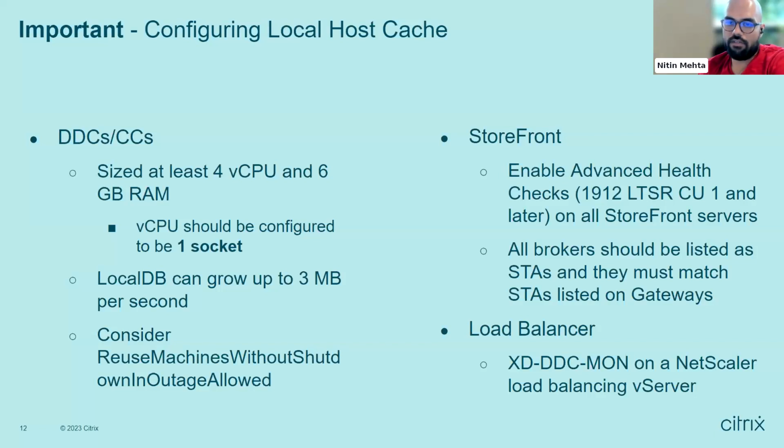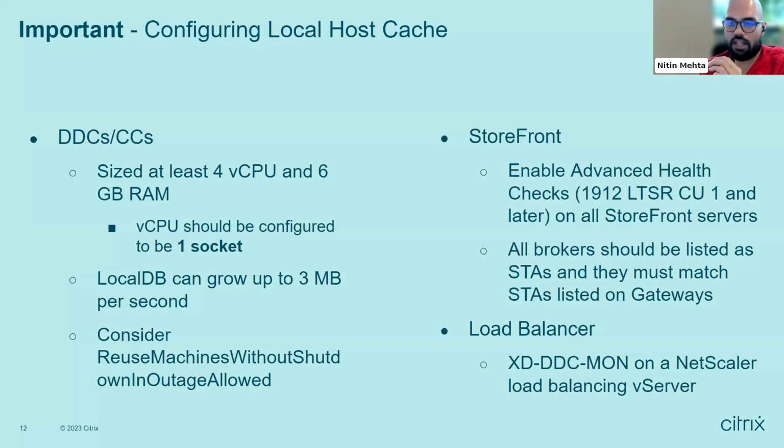Yeah, so I think I will just add to what Isaac is saying. By default, LHC is configured. So by default, if there's a disruption, LHC will get triggered and it will try to make sure your end users are not impacted. So that's definitely a default setting, both in Citrix on-prem and in cloud.